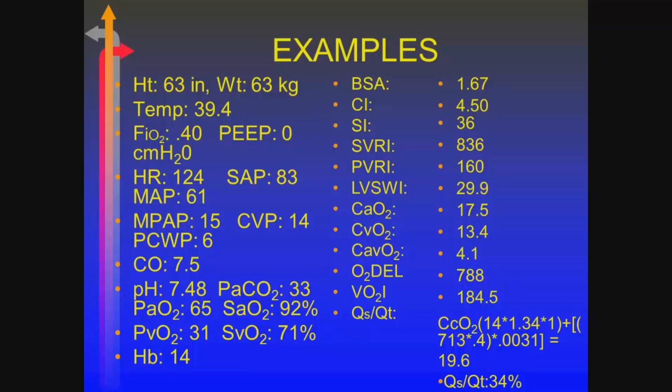Elevated. What else is the hallmark of septic shock? What happens to the vasculature? Dilates. So what happens to the vascular resistance? It plummets. And 836 is a dramatically low value for a vascular resistance index.